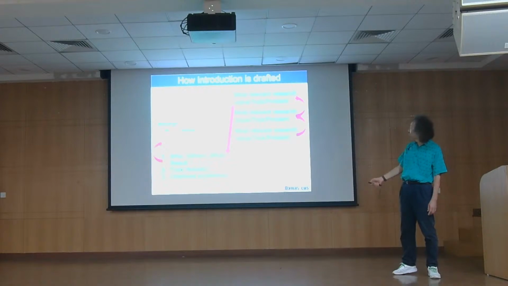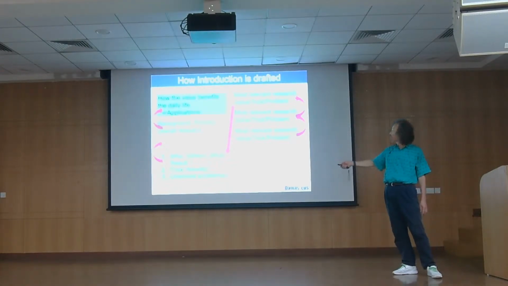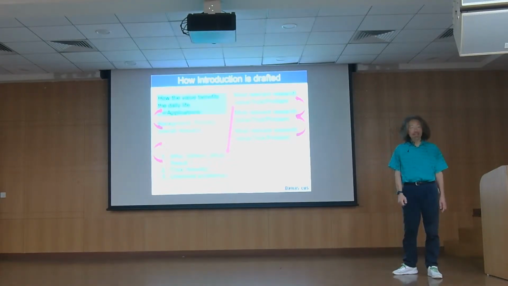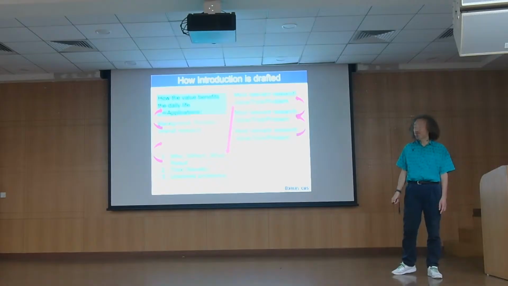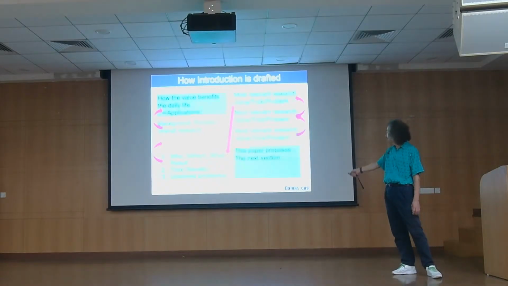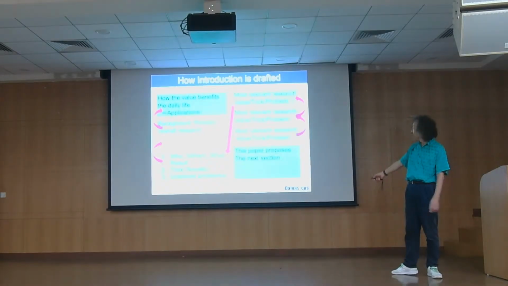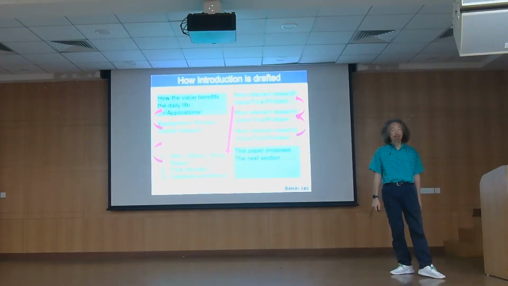When you come to the first paragraph, you will describe the applications and why your research is important. And finally, in the last section, you will put the topic sentence and you will describe the contents of each section.